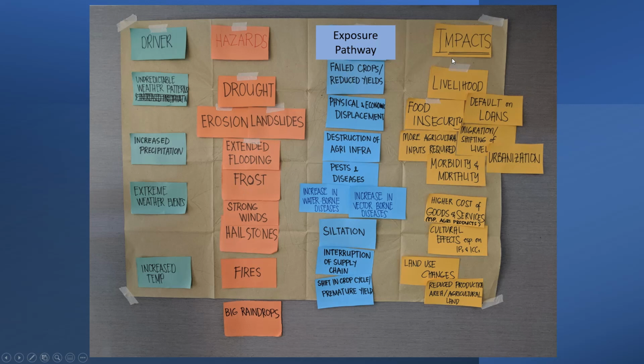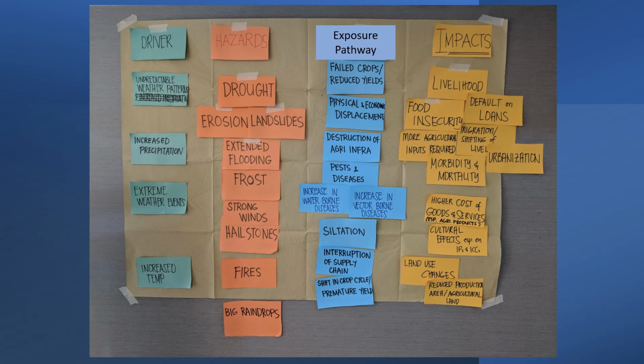And then lastly over here we have our impacts. And these are the big picture things, how people, places, and things are harmed. Now it may take you a little bit of practice to get this down. And if you're confusing the hazards and the exposure pathways, or the exposure pathways and the impacts, that's really okay.